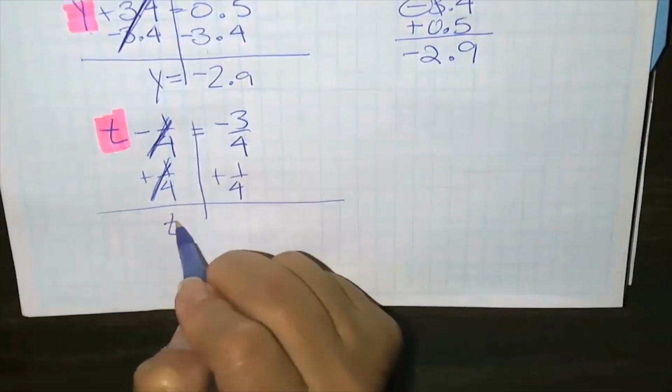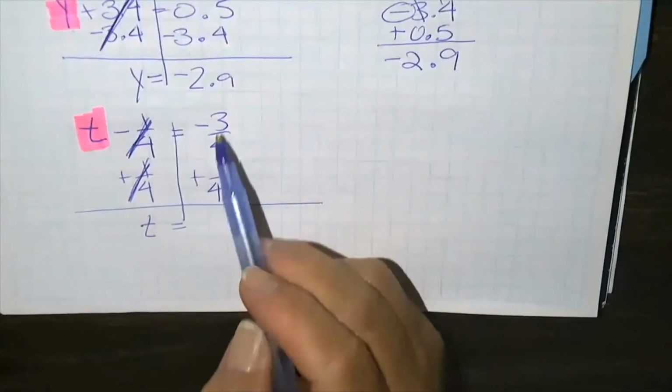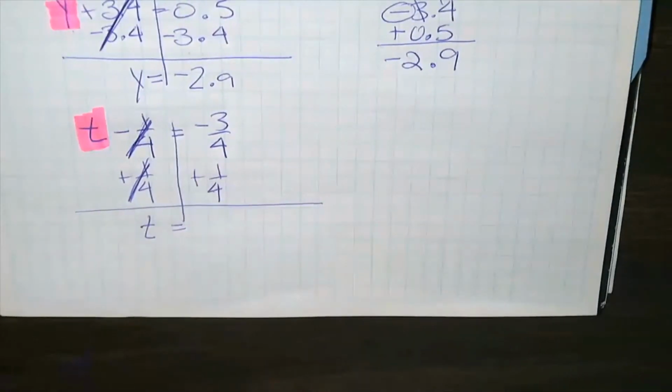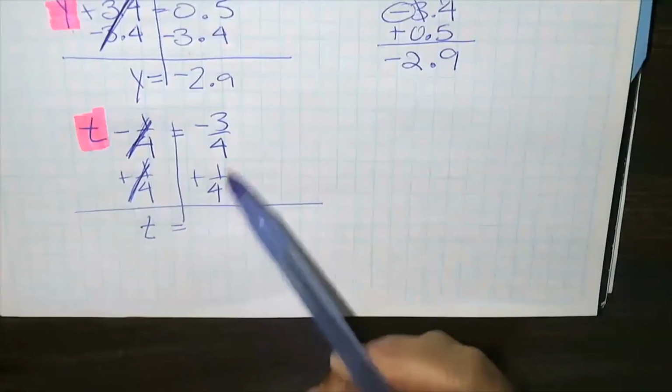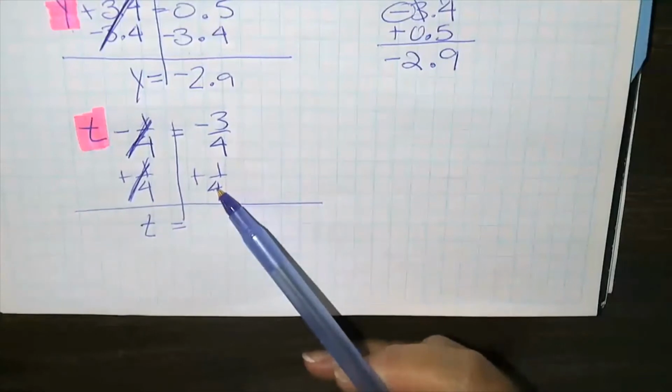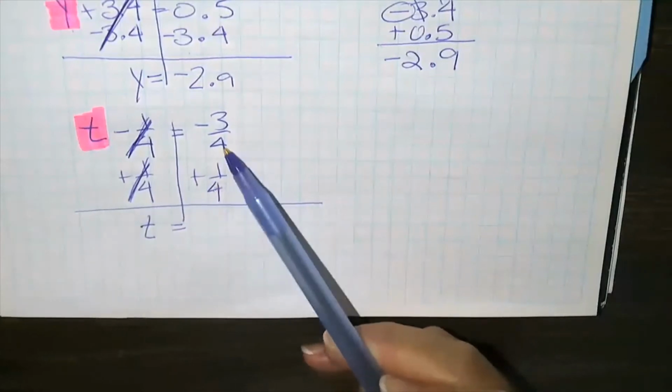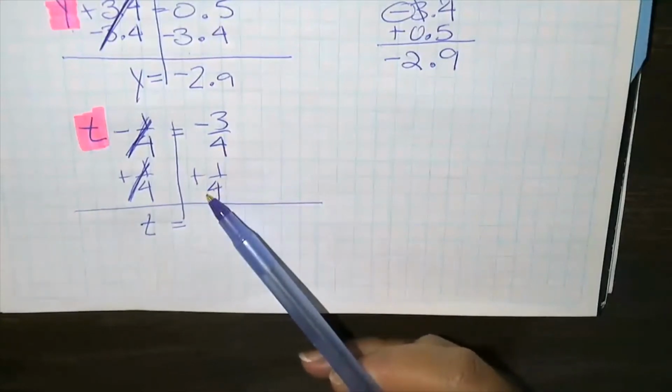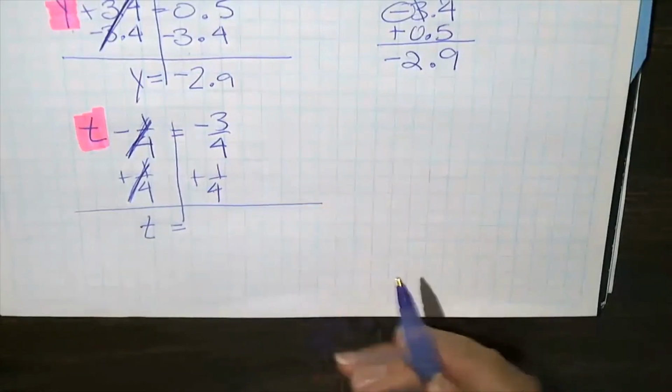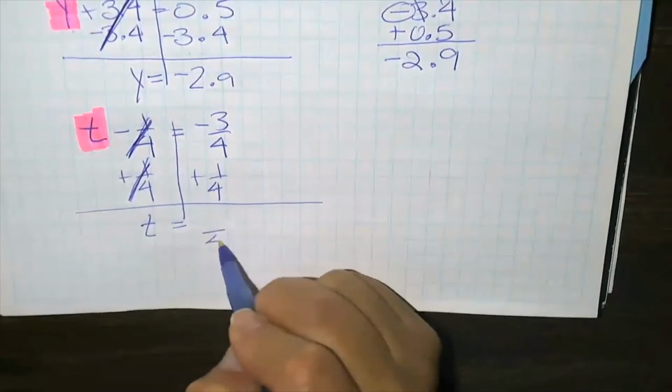And I've got t equals 3/4 plus 1/4. Remember, when we're adding and subtracting fractions, we need a common denominator. Here, they've given us a common denominator. That's very nice. So I don't have to figure out a common denominator.